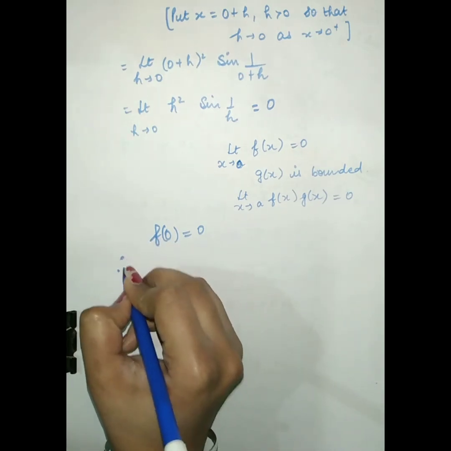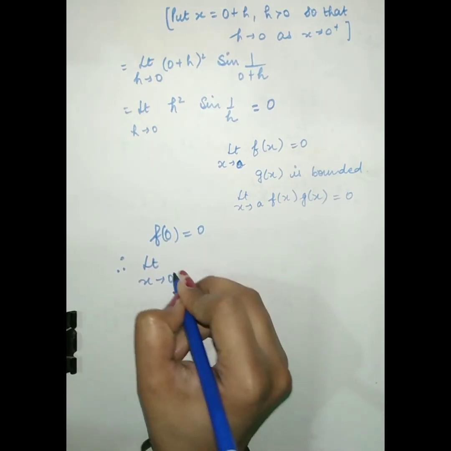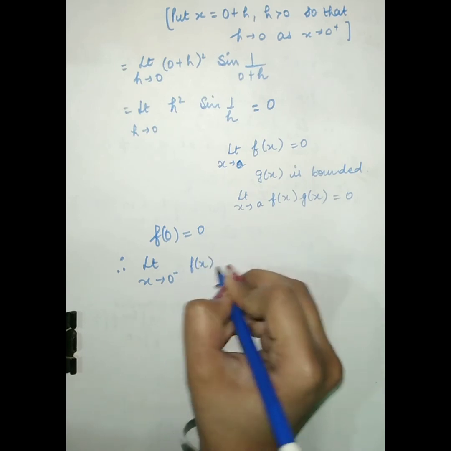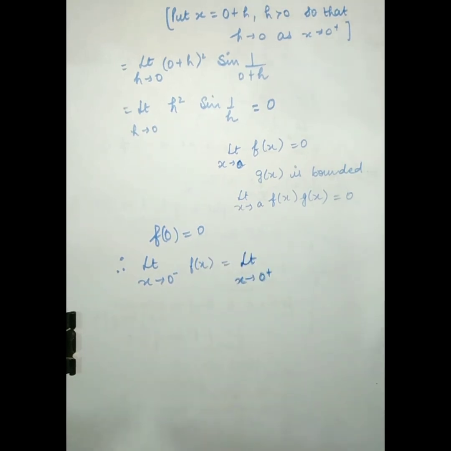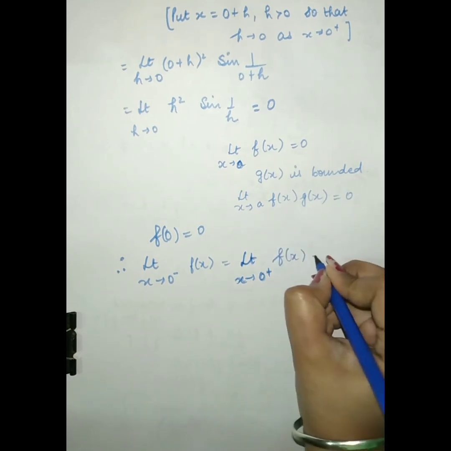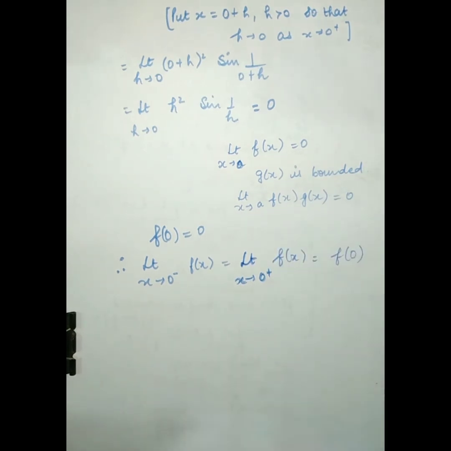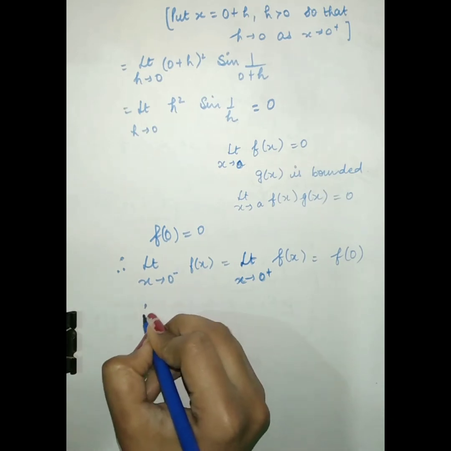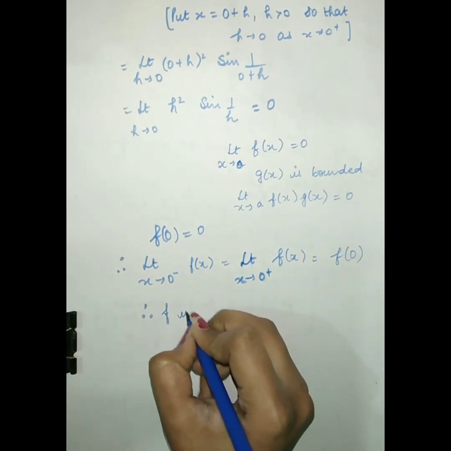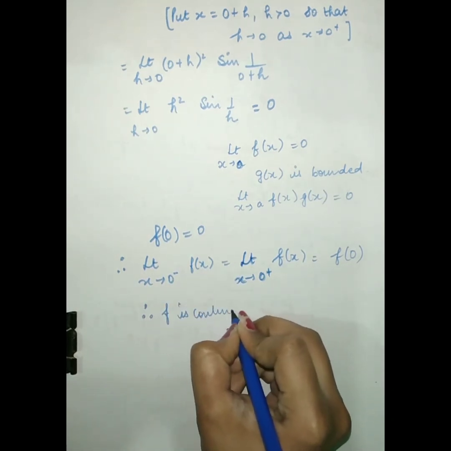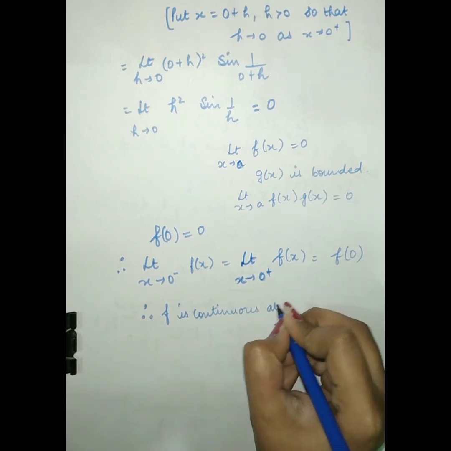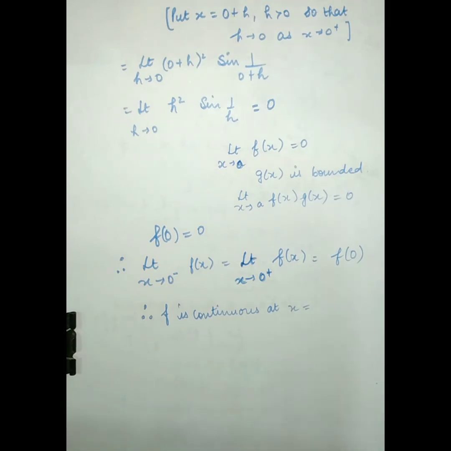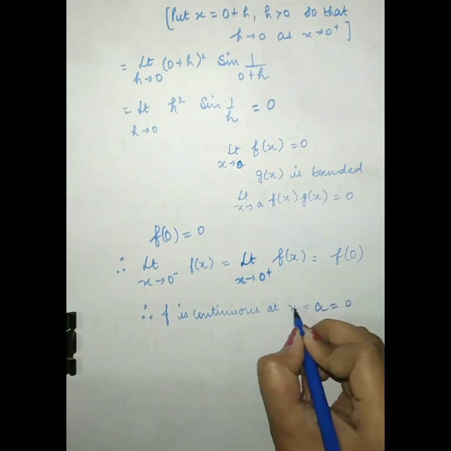Therefore the limit x approaches 0 negative of f of x equals the limit x approaches 0 positive of f of x equals f of 0. So the function f is continuous at x equals a, which equals 0.